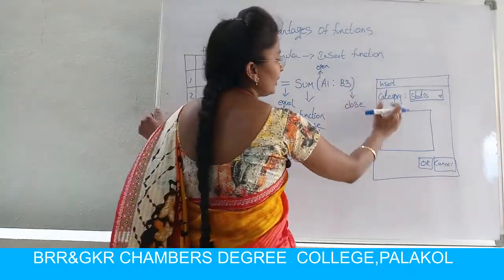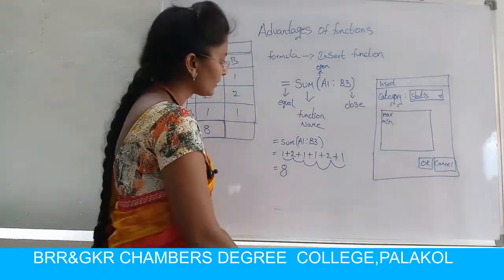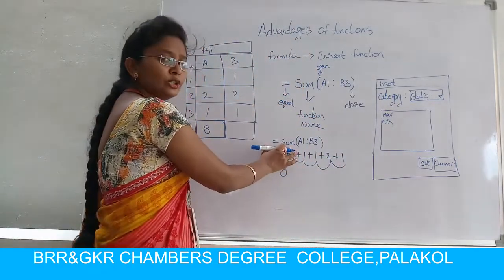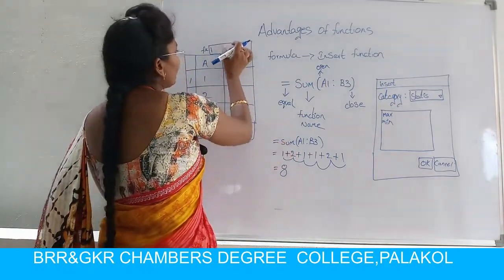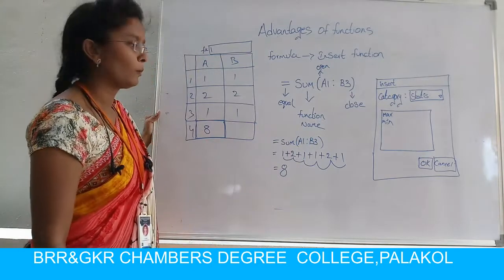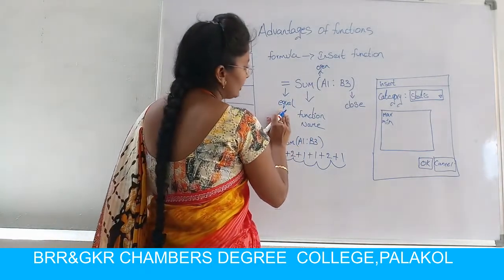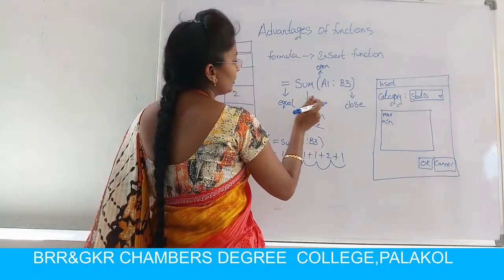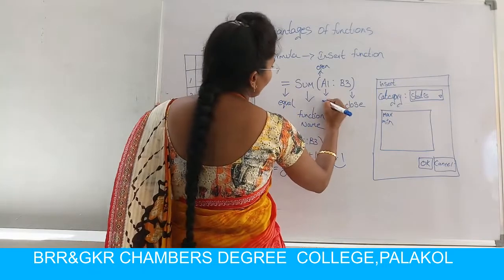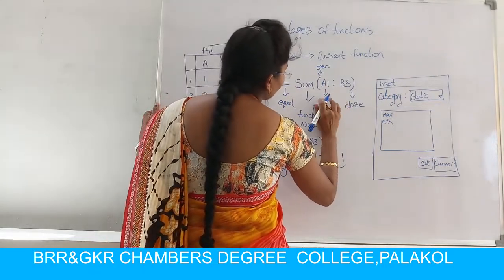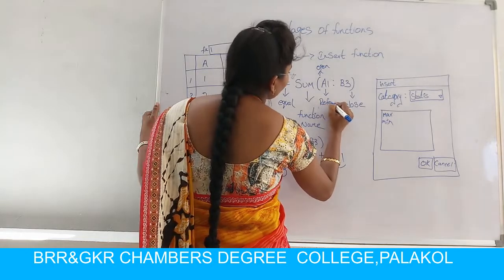I already explained this insert function in the previous section, and this is the shortcut way to enter a formula in the formula bar. By using the function names and the equal to symbol, and here A1 is a reference name, that means cell reference.